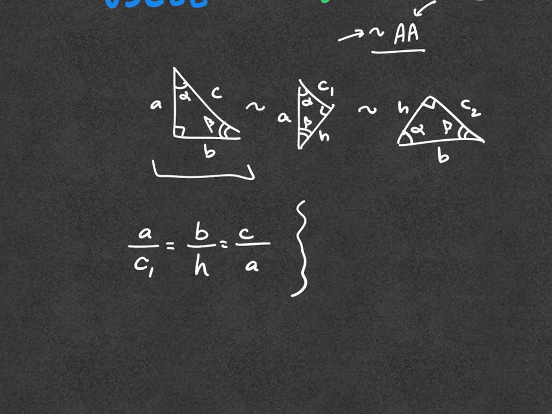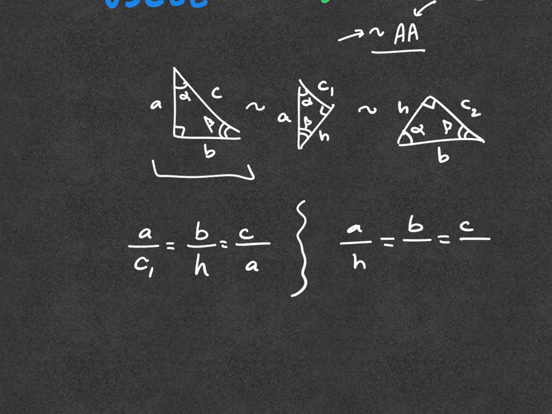Now I'm going to set up a proportion with the third triangle, again with the original. a is the side between 90 and alpha, so it is proportional to the side between 90 and alpha, which is h. Let me write these out: a and b and c.